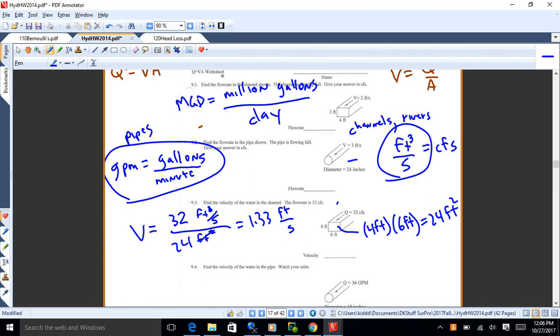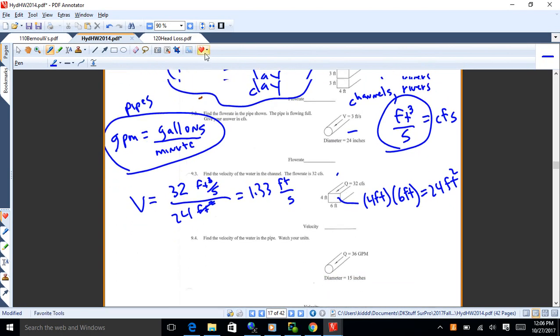So this is for plants. By that I mean a water plant or a wastewater plant or something like that, okay? So those are the different flow rates. So you got to be able to convert between them. If you want to get a velocity, you want to be in cubic feet per second. But the MGD, it's just a common abbreviation for water plants. What the deal is with that is it just makes the numbers more manageable.